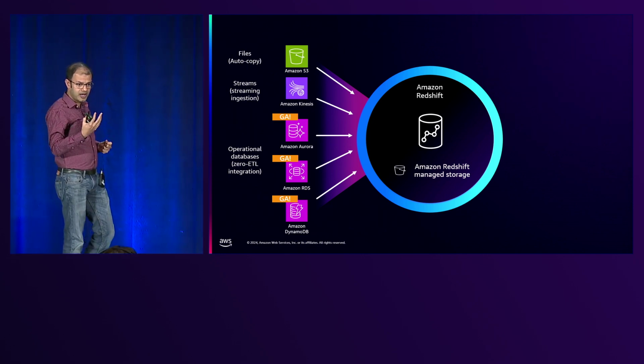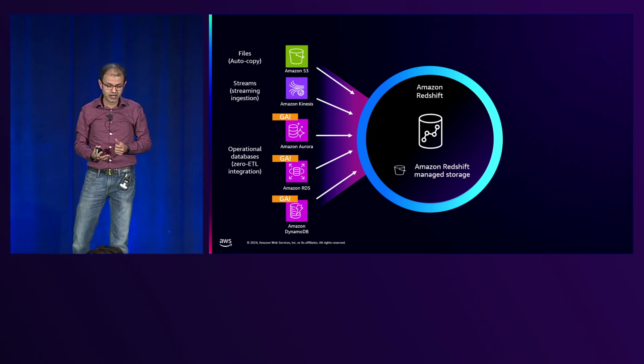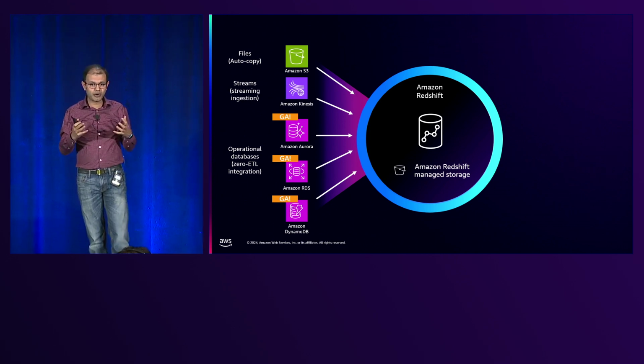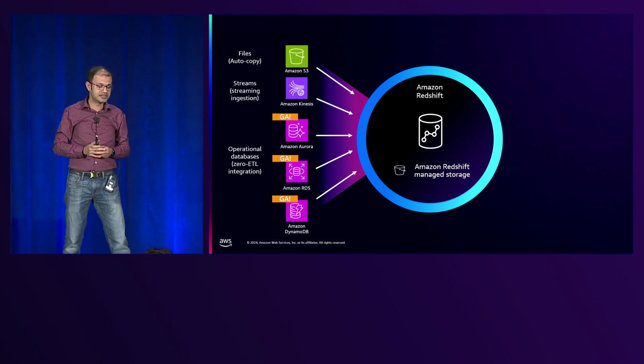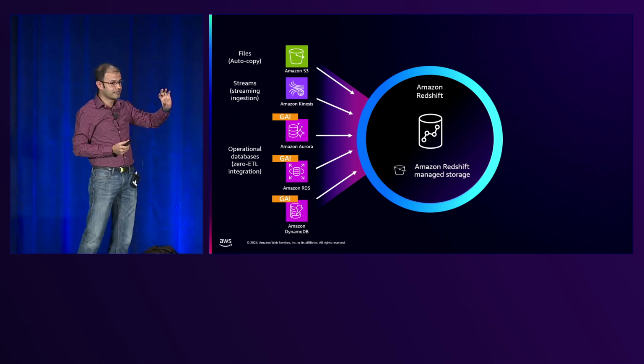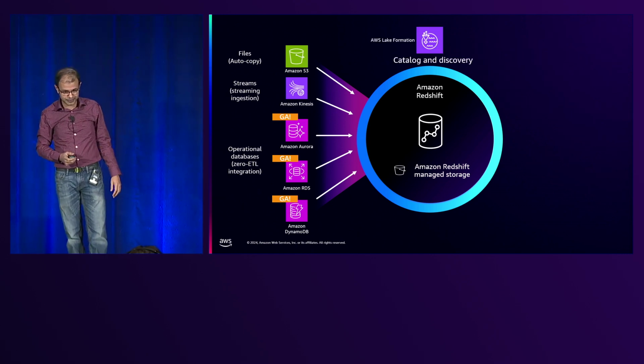We have support for Amazon RDS MySQL. You could also have the data coming from Amazon DynamoDB. And all of these zero-ETL integrations and these features are generally available, allowing you to consolidate your data and bring it into Redshift.